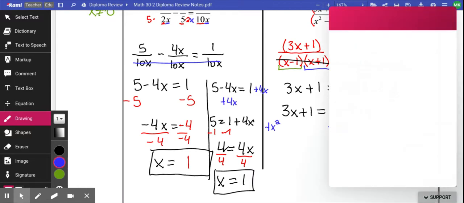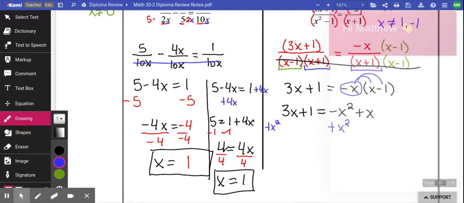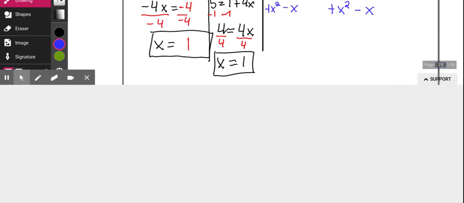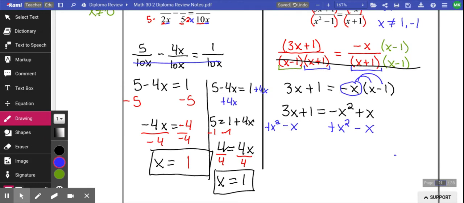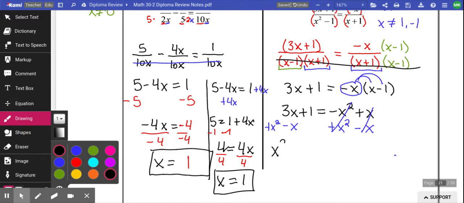And then I'm going to subtract x, so that it cancels out on the right side. And I now have an equation of x squared plus 2x plus 1 equals 0. That's called general form.